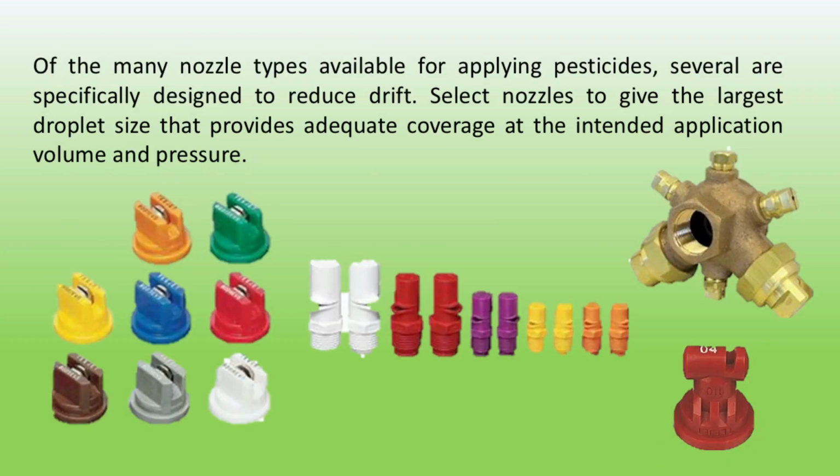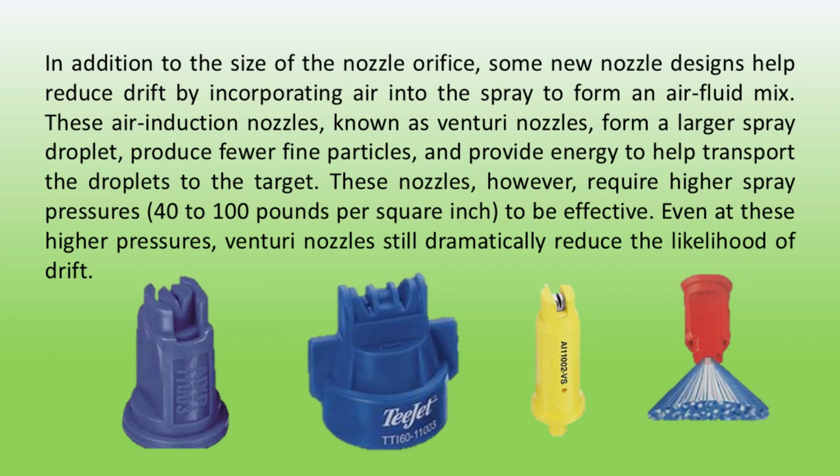Of the many nozzle types available for applying pesticides, several are specifically designed to reduce drift. Select nozzles to give the largest droplet size that provides adequate coverage at the intended application volume and pressure. In addition to the size of the nozzle orifice, some new nozzle designs help reduce drift by incorporating air into the spray to form an air-fluid mix.